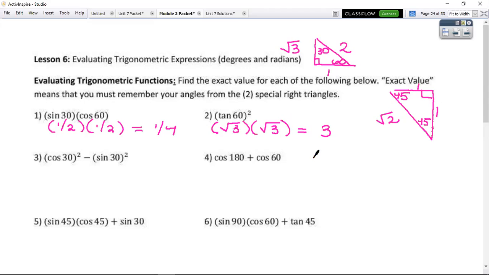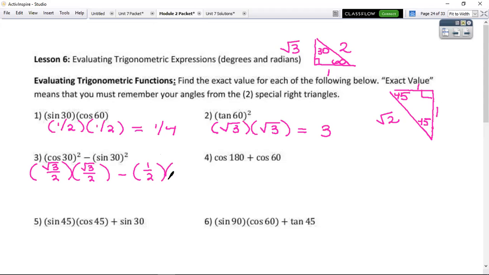Number 3, cosine of 30 degrees. And you're going to take that and square it. So cos of 30 is the square root of 3 over 2. And I'm going to write it twice because it's squared. Sine of 30 is equal to 1/2.